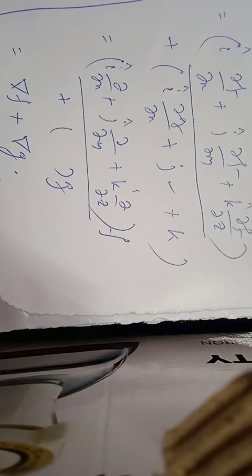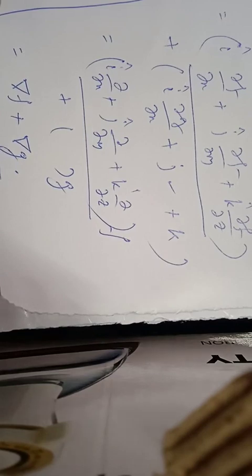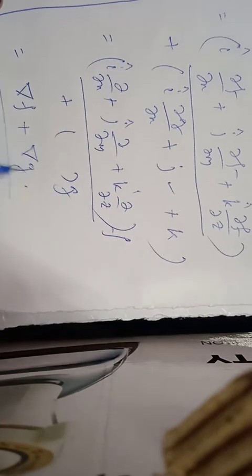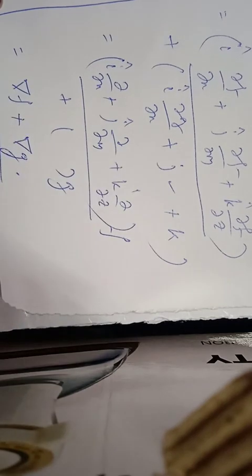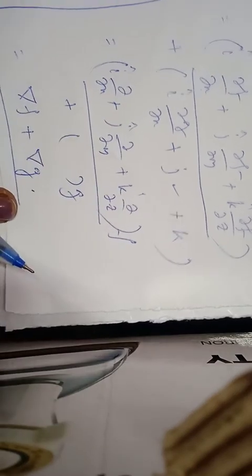You can check that it's very easy to prove all these properties. Similarly, you have to prove it for divergence also. Property number 2 is the divergence of f plus g, for two vector functions, equals divergence of f plus divergence of g.